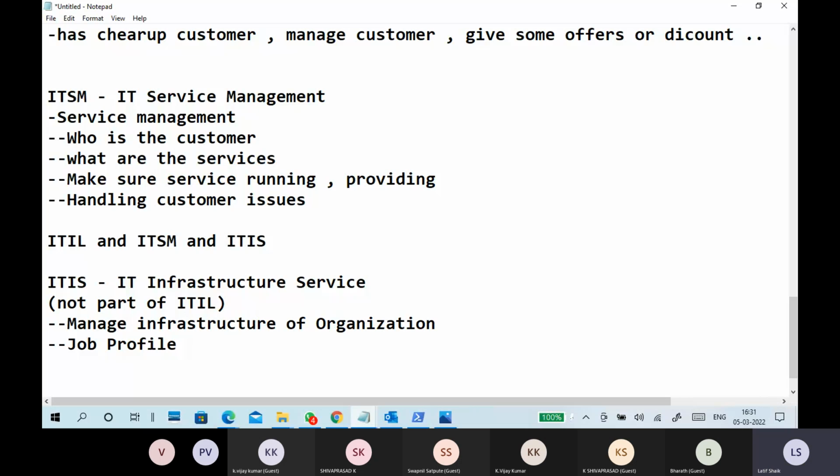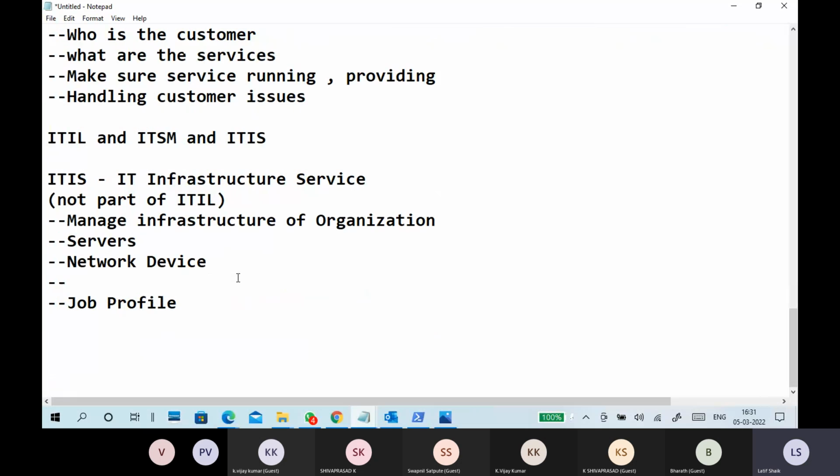So guys, you must know what the infrastructure of the organization means. What is infrastructure? Routers, like we discussed in the morning. Servers, network devices including firewalls, checkpoint server, routers, switches, cables.